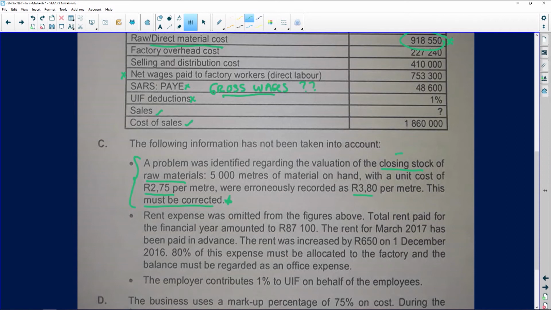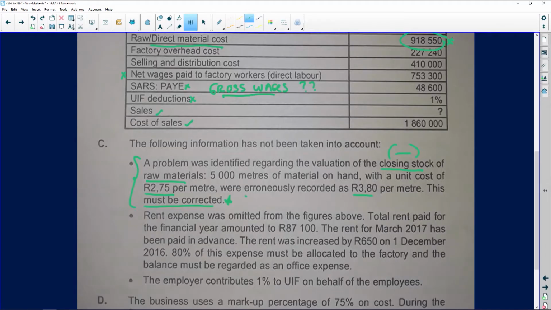Remember, your closing stock obviously reduces your raw materials that were purchased for the year. So what am I referring to? Remember, when you are calculating raw materials used, you start off with the opening balance, raw materials on hand at the beginning of the year.